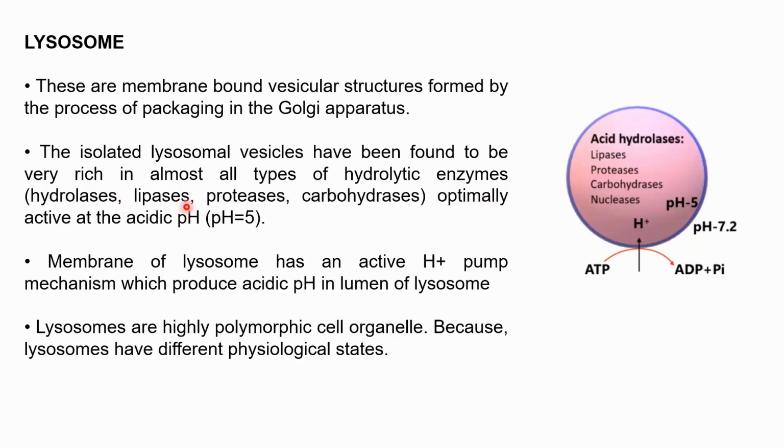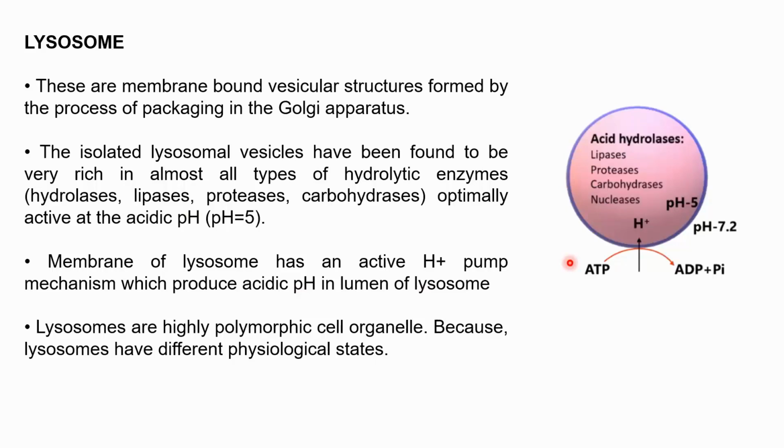As I mentioned, hydrolases, lipases, proteases, and carbohydrases become active at acidic pH. So the pH of the lysosome is different from the outside environment. That is, its pH is quite acidic, around 5. And the membrane of the lysosome has active proton pumps. Active proton pumps means they require energy.